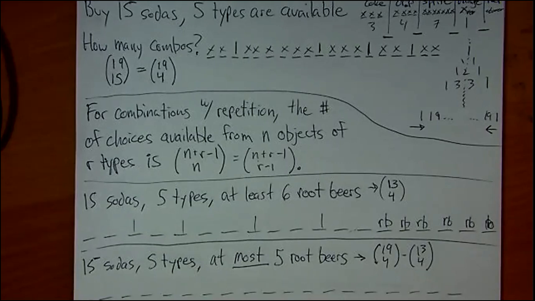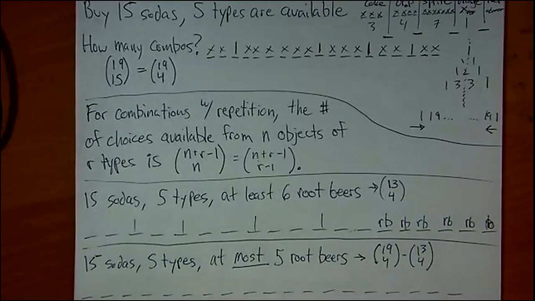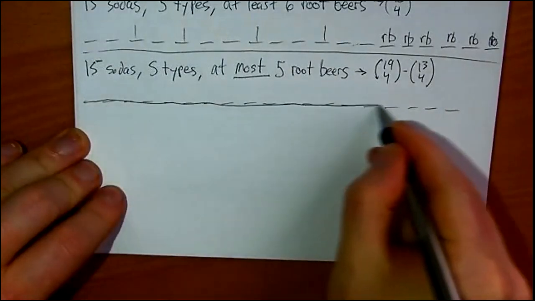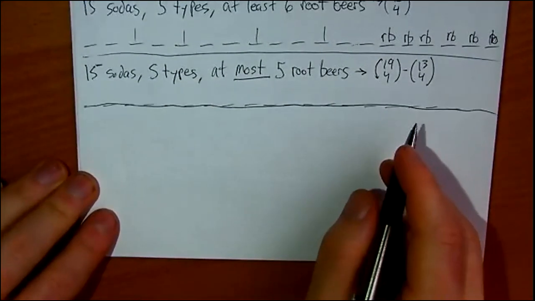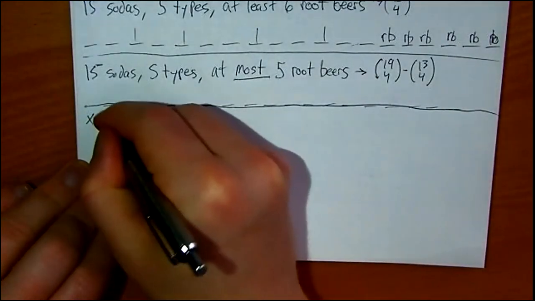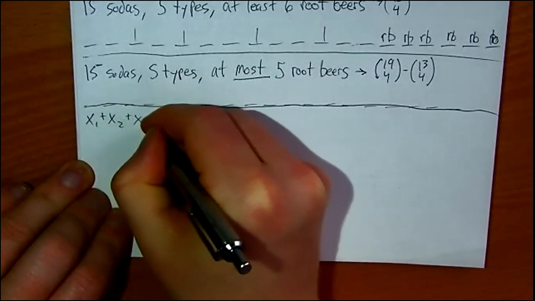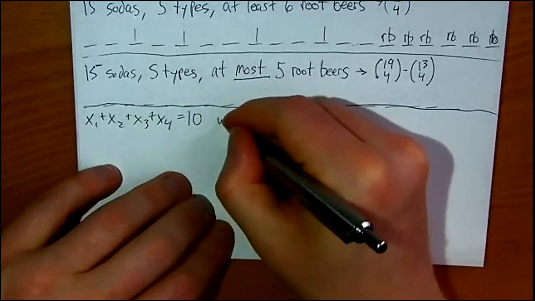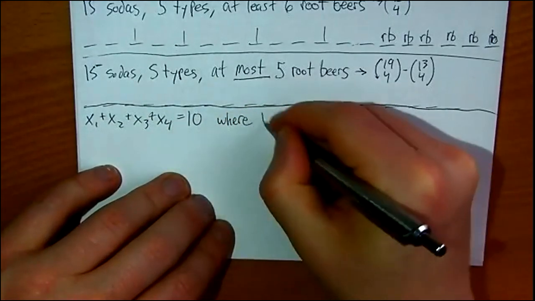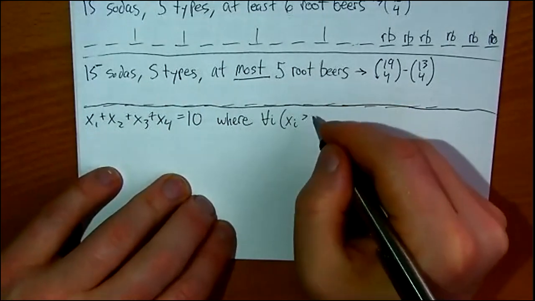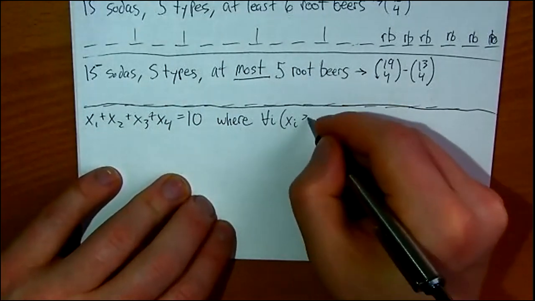Okay. So let's try a different kind of question. So we're wondering about x1 plus x2 plus x3 plus x4 equals 10, where for all i, x sub i is greater than or equal to 0.